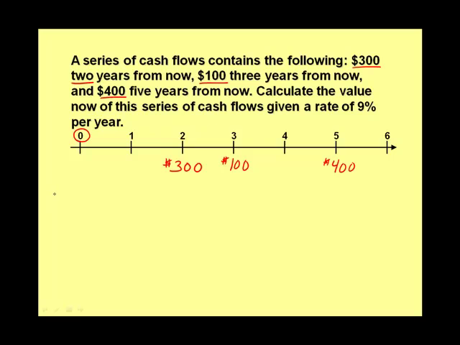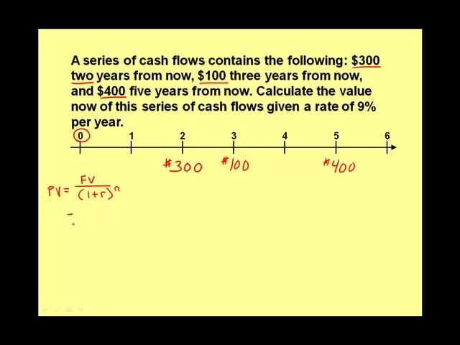So our present value formula states that the present value is equal to the future value divided by 1 plus r, which is our rate of change, to the nth power, which is the number of periods we're discounting the future value.